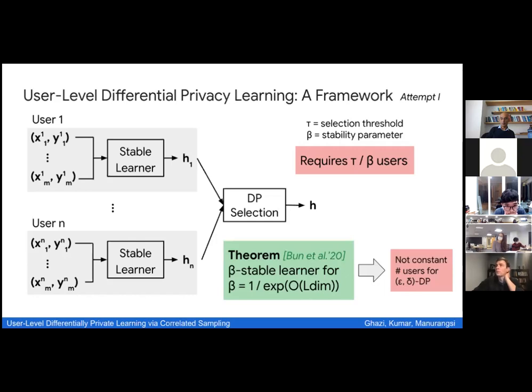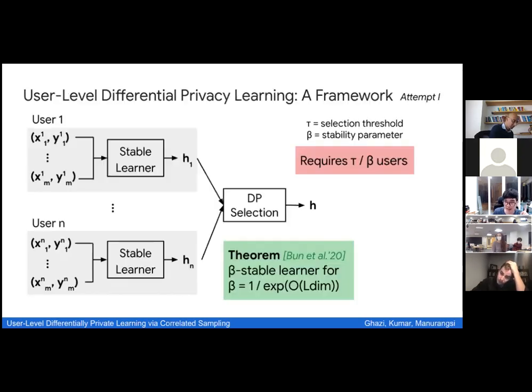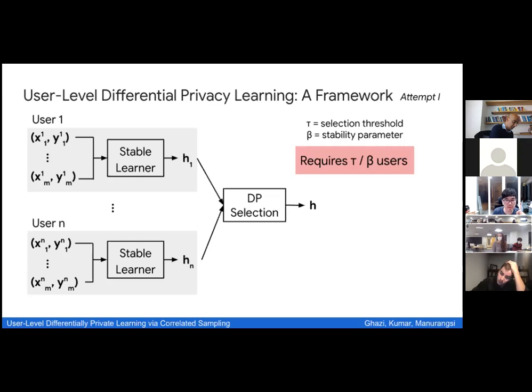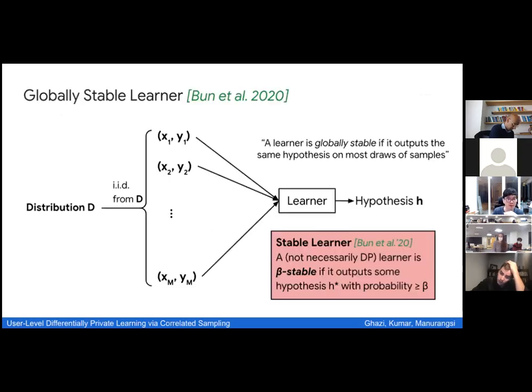Is that...? Oh, okay. Right, sorry, this is my bad. I should have stressed this, but the notion of stable learner has nothing to do with privacy. It's just about the learner itself. It's not about the privacy at all.